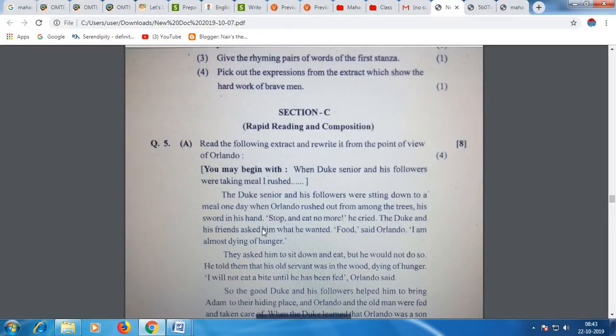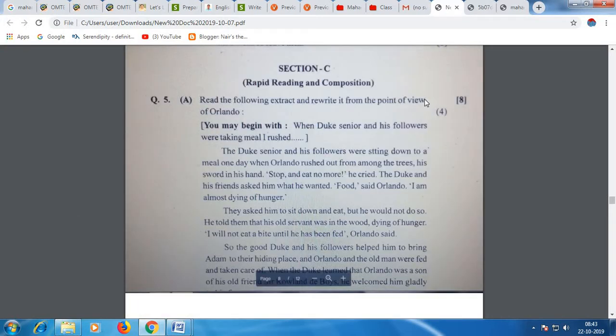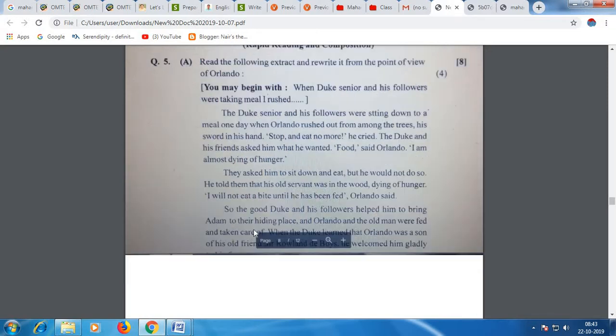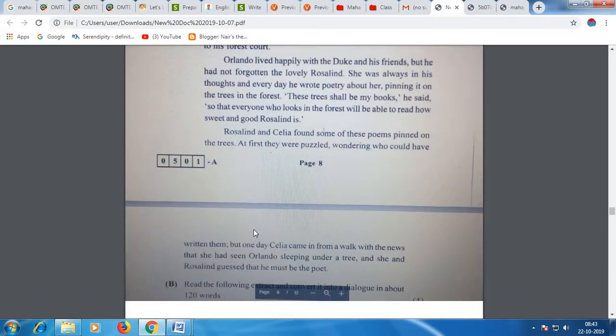That rapid reading and composition. So here it is, you can see: read the following extract and rewrite it from the point of view of Orlando. So you have to mention it through the point of view of Orlando.